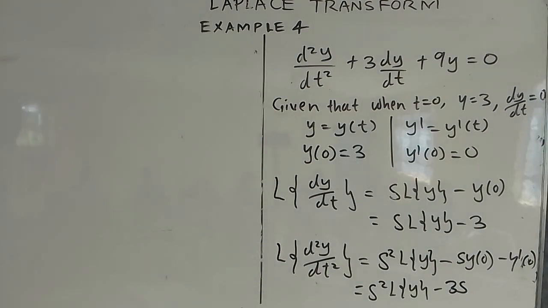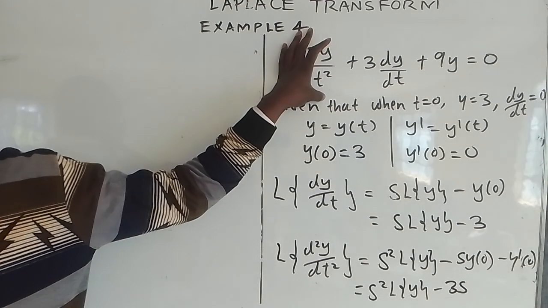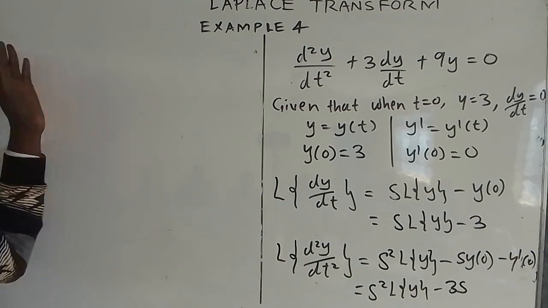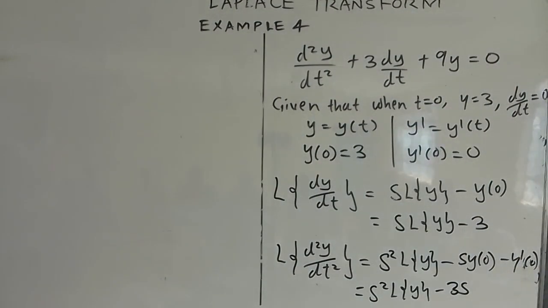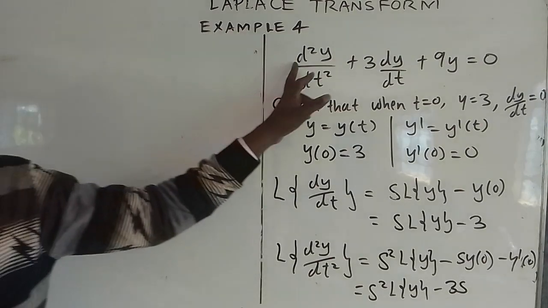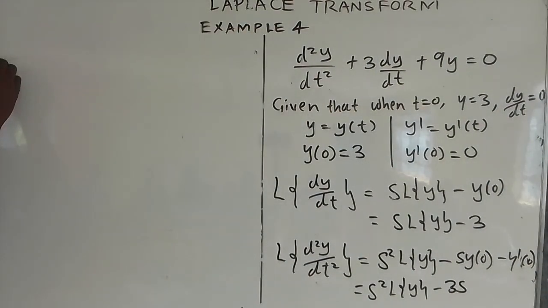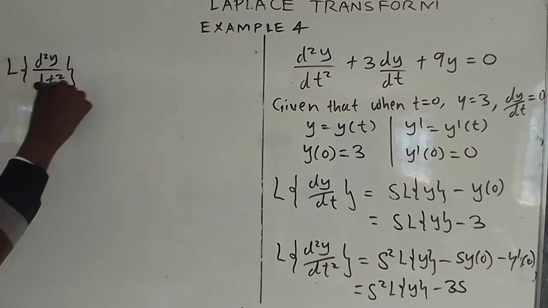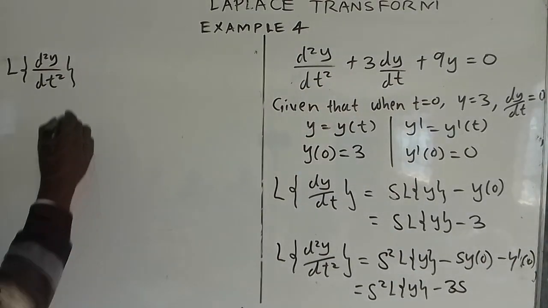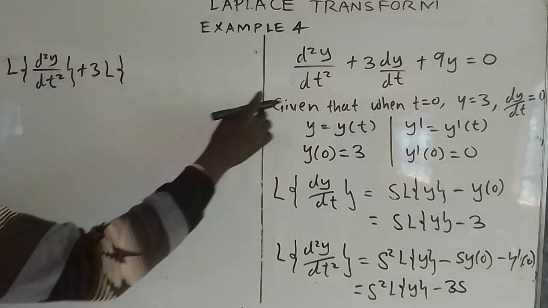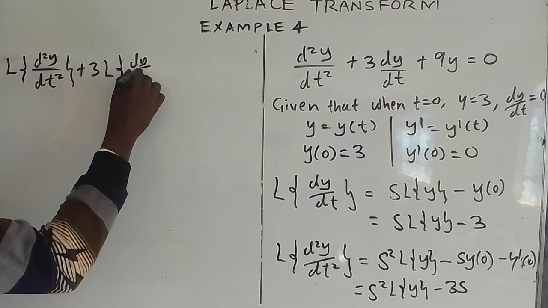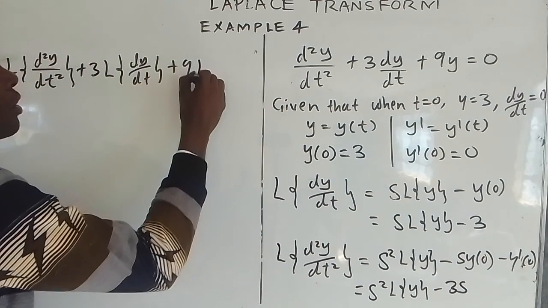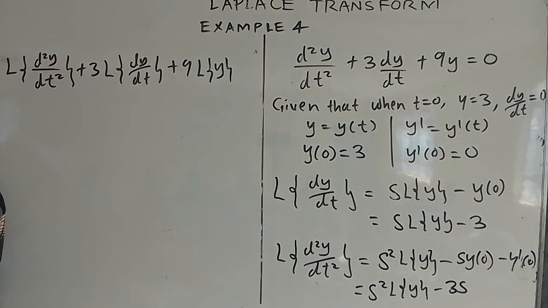So the next thing, after we found the Laplace transform of the second order derivative and the Laplace transform of that first order, we now just introduce Laplace in the entire equation, then we substitute. Yes. So introduce Laplace on both sides of the equation. Here we will have Laplace transform of d squared y over dt squared, then plus 3 Laplace transform of dy over dt, then plus 9 Laplace transform of y.